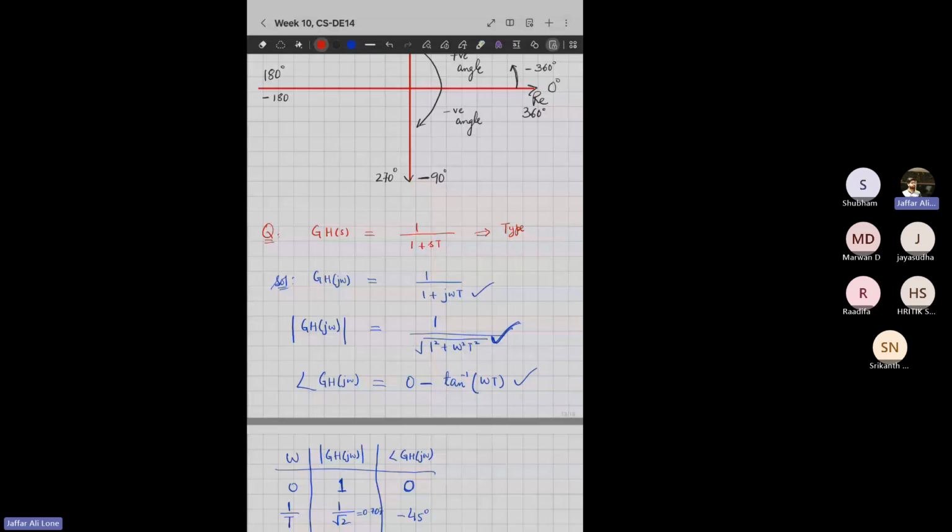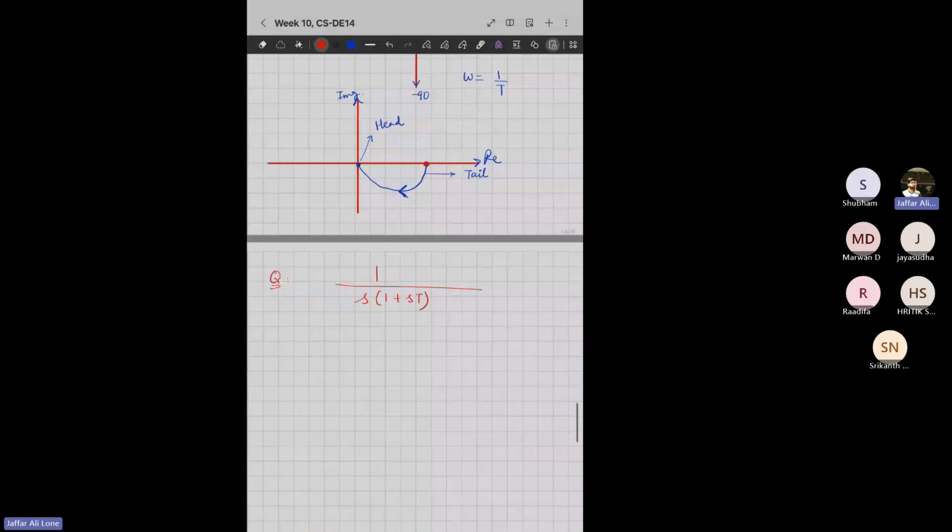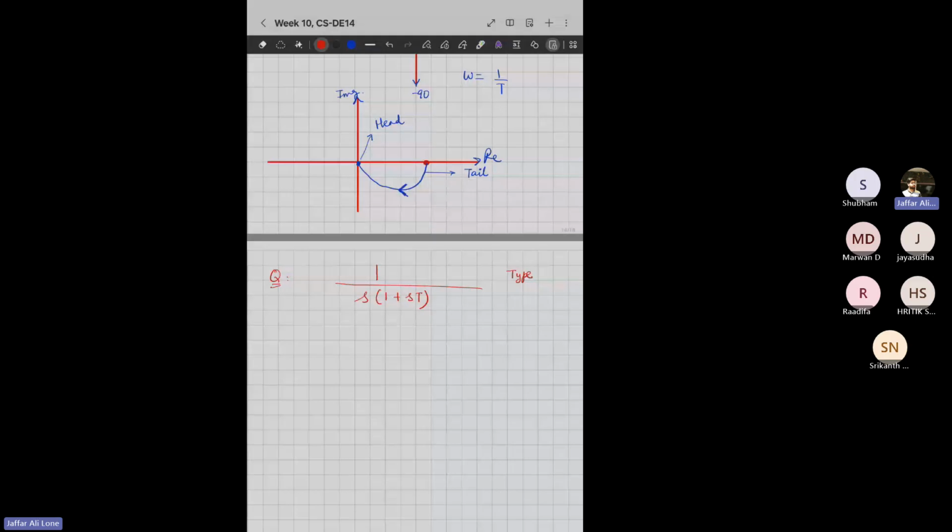This is type 0, but the order is 1. And now we are going to make the polar plot of a type 1 and order 2 system.